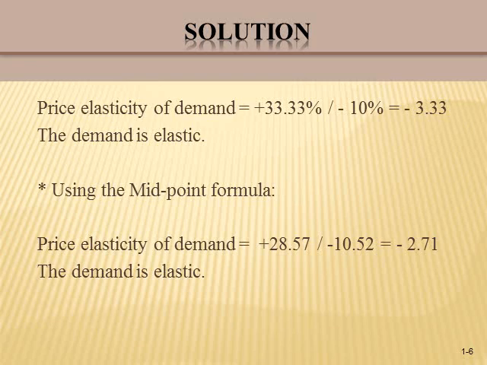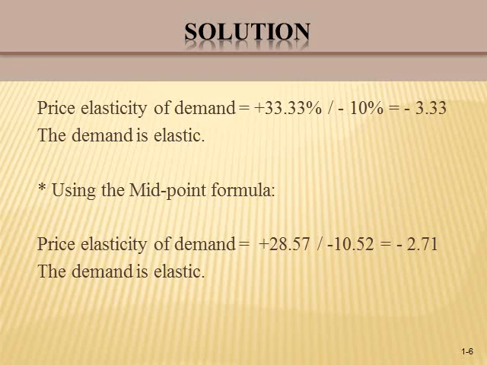The percentage change in quantity demanded is Q2, 20,000, minus Q1, 15,000, over Q1, which is 15,000, times 100, and we obtain plus 33.33.